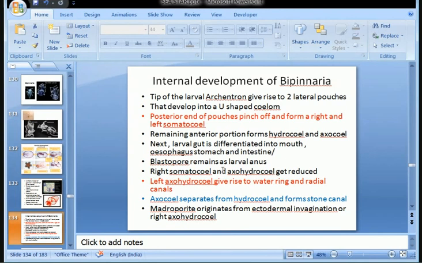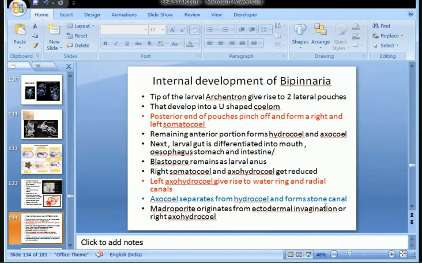So the right somatocele and exohydrocele get reduced, whereas the left exohydrocele gives rise to the water ring and radial canal. We know that there is this water ring, and then there is a central ring, and then there are radial canals. Exocele separates from the hydrocele and forms the stone canal.